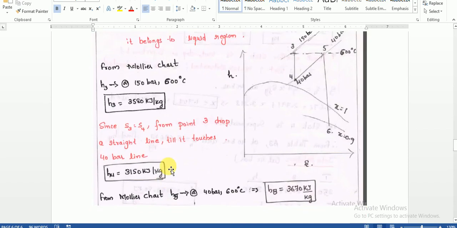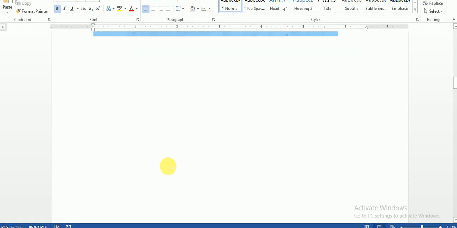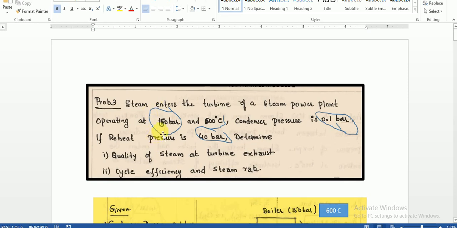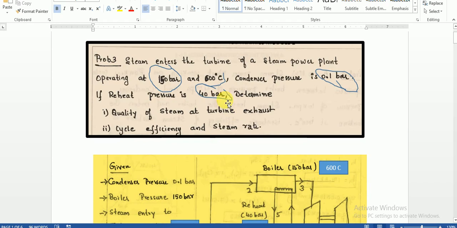So we'll revise this problem. It is a basic problem on a reheat. In the boiler, the steam is at 150 bar and 600 degrees Celsius at the first point. It is expanded to 40 bar.